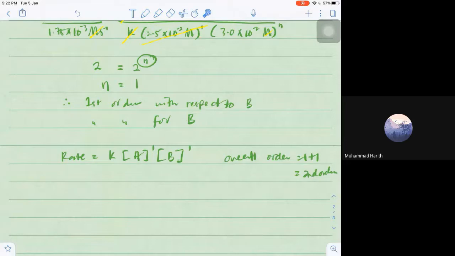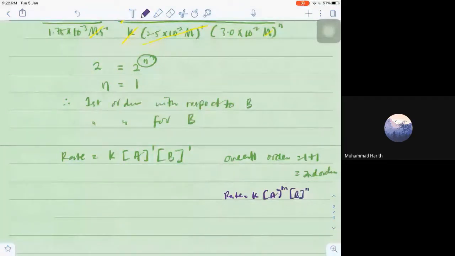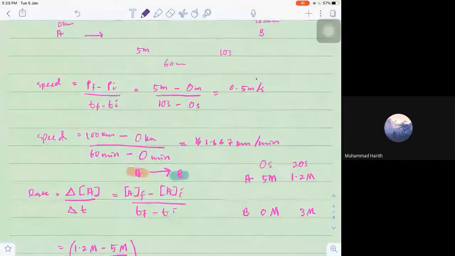It is not necessarily that the reaction occurs with two reactants. We can have more than two reactants, 3, 4, 5, depending on the reaction. If we have more reactants, the rate law will be rate equal to K, A power of M, B power of N, C power of O, D power of P, for example.